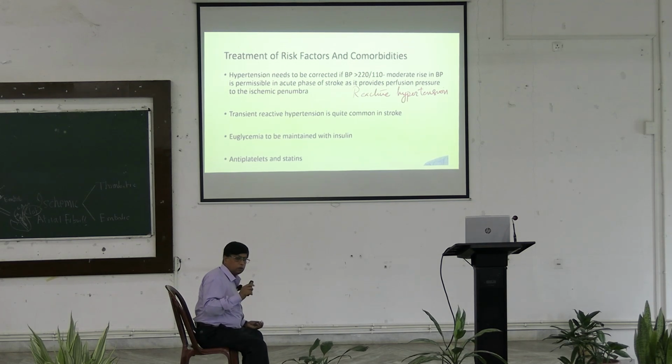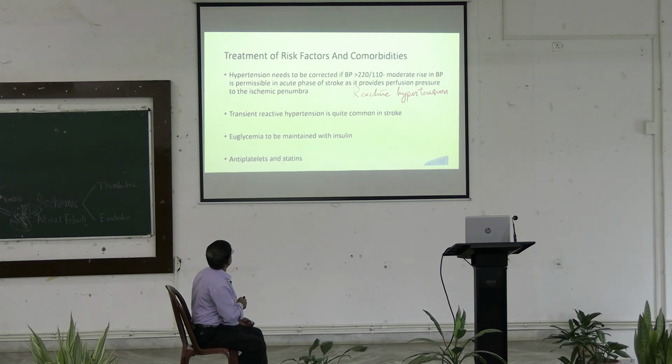In that case you will reduce the blood pressure by giving labetalol, and if the 4.5 hour window is still there after reducing the blood pressure, you can try for thrombolysis in those patients also, after reducing the blood pressure with IV labetalol. So this type of hypertension is a contraindication for giving thrombolytic drugs.